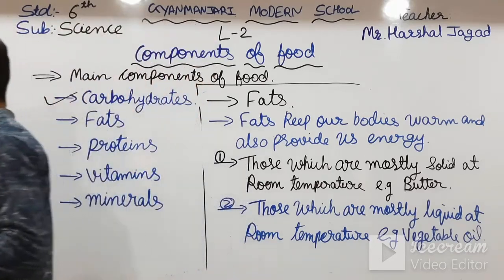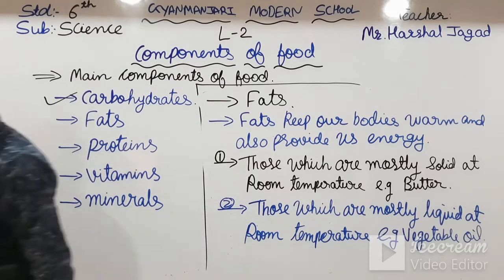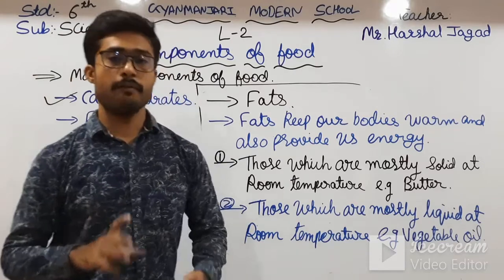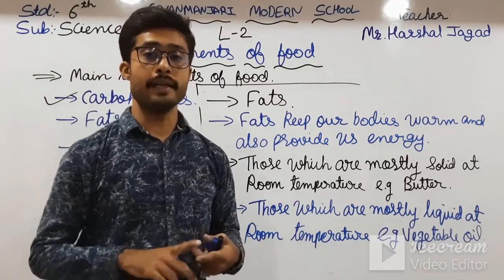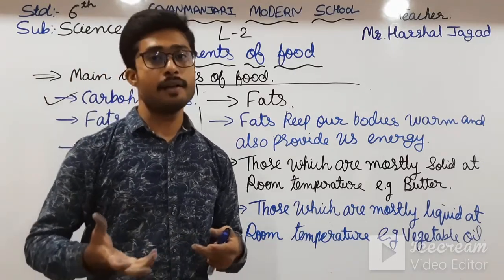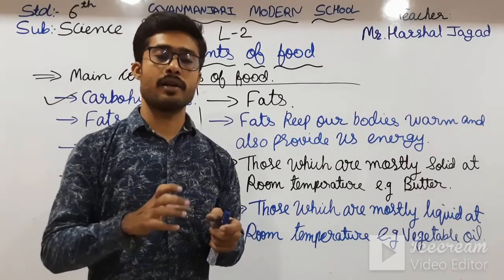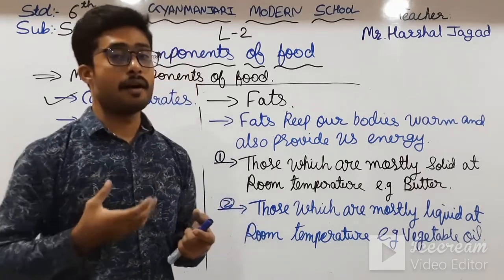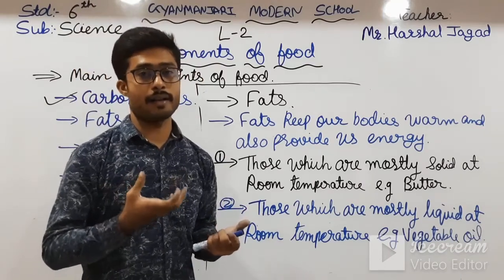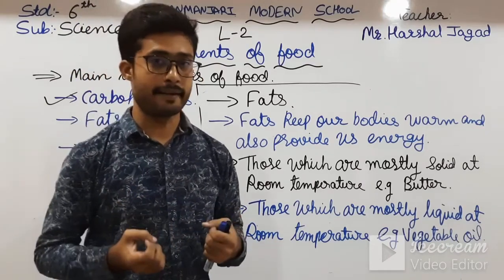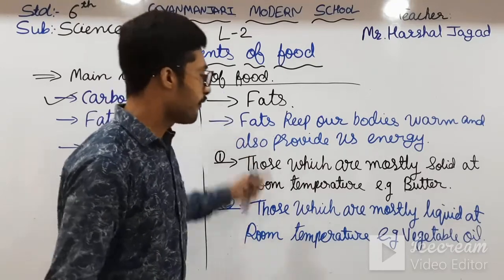We all know the main sources of fats are oil, ghee, butter, cheese, paneer. If anybody says butter, cheese and paneer, our mouth starts watering and we want to eat it. So these are the fats.